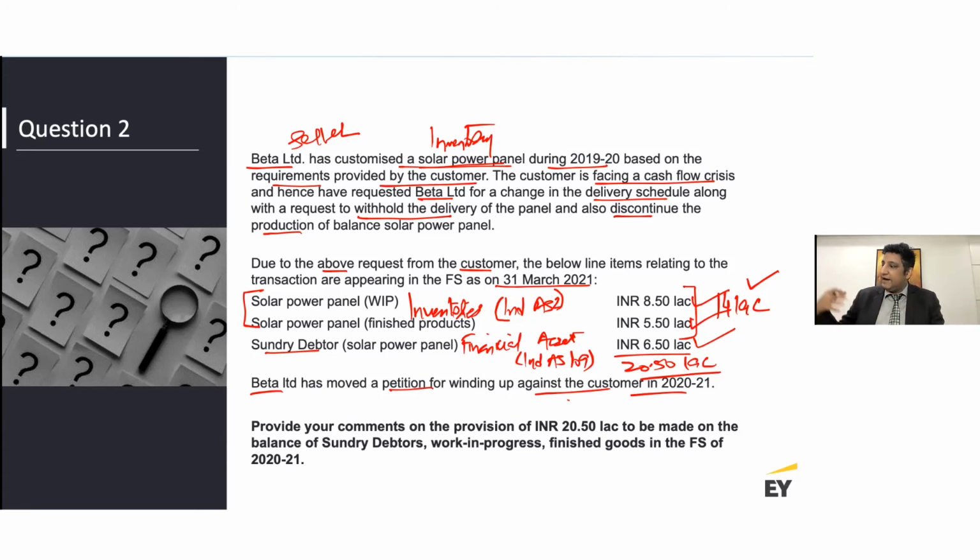But if the value of this inventory is less than this cost, then naturally we need to write down that inventory to the extent of the difference. Okay, so let's try to talk about it like that. Okay, given this scenario, so we'll be addressing the inventories requirements first, and then we'll come to the receivables requirement after that.